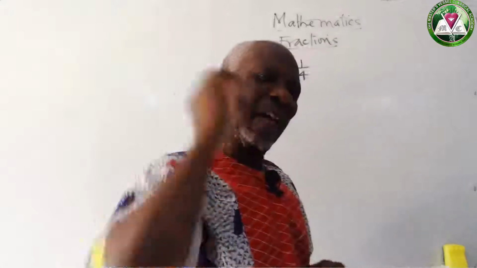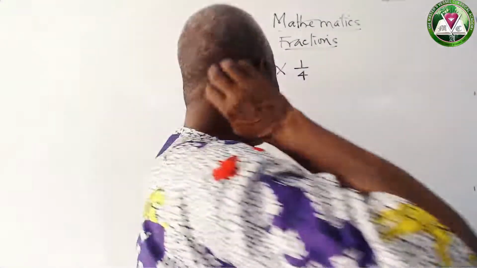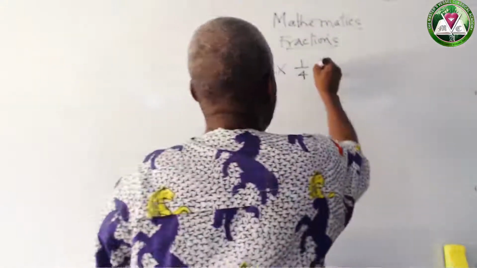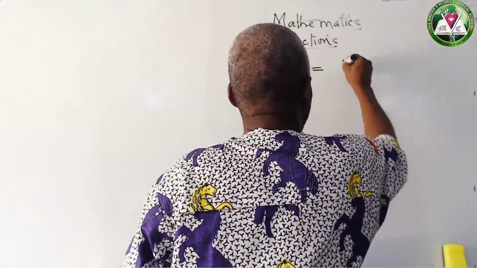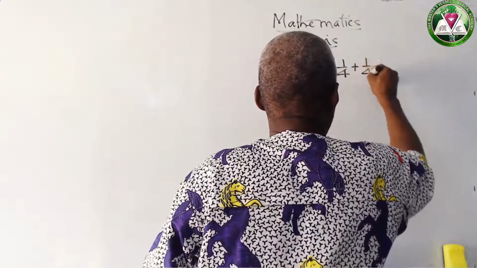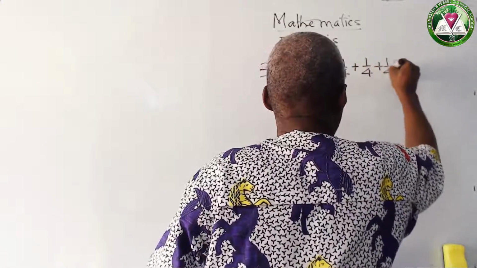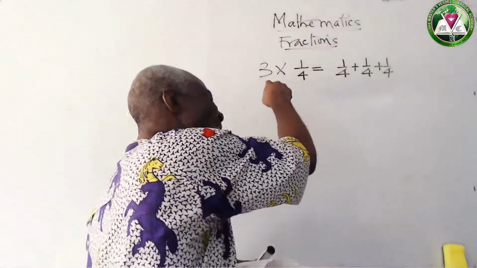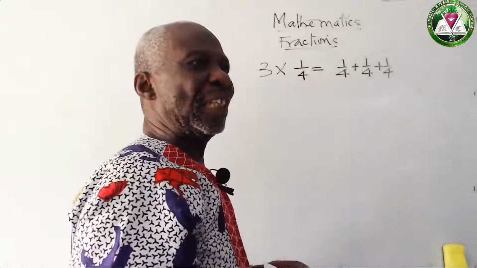That is what I have. It will look very easy. I'll say that what I have here is the same thing as 1 over 4 plus 1 over 4 plus 1 over 4. It means 1 over 4 into how many places? 3 places. That is what it means.